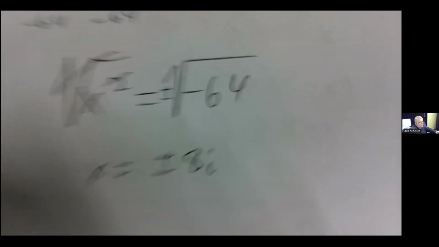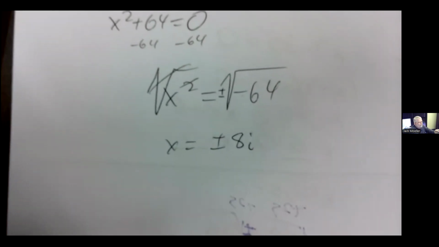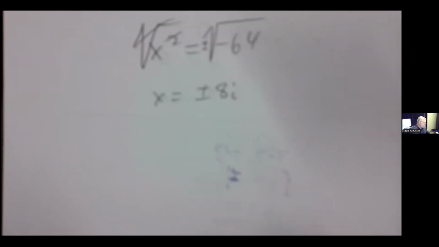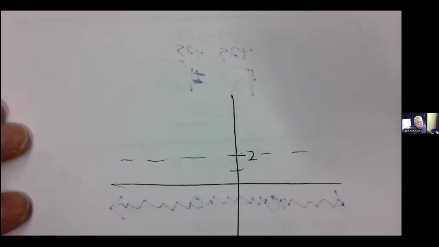To show you what I mean by how it might cross, let me show you if I had a graph. Let's say that I have a horizontal asymptote at 2.